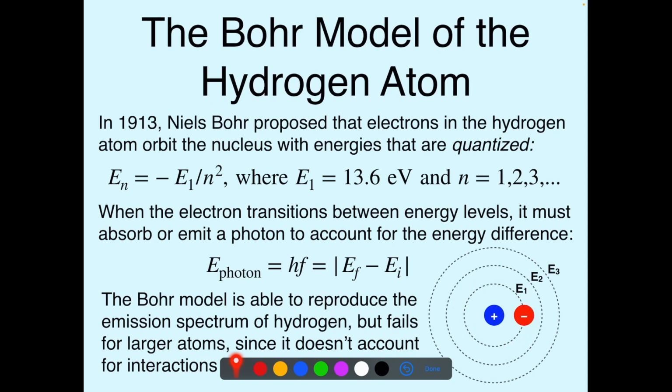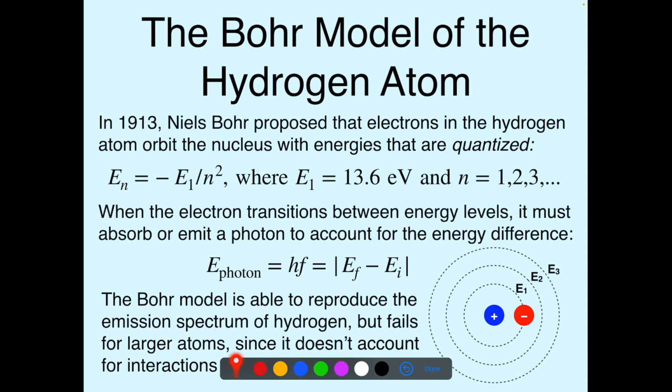Now, this is not a very accurate picture of what's really going on in the atom, okay? We can't really think of the electron as moving in a circle around the nucleus. It's more complicated than that. But for the Bohr model, this is good enough to get us where we need to go. Okay, so we have this electron, it's orbiting the nucleus, and it has a certain energy as it orbits.